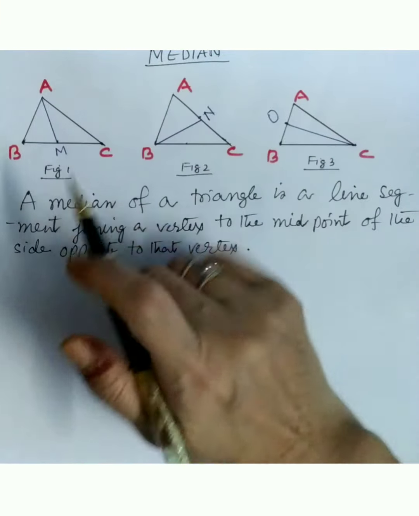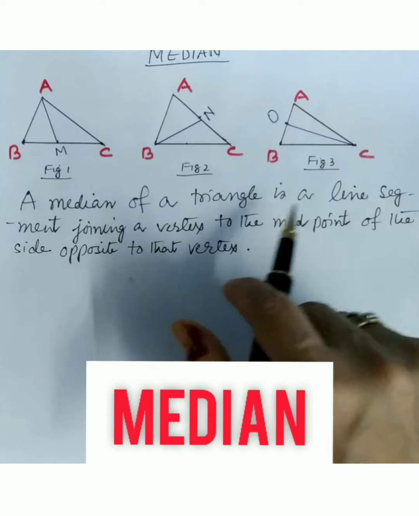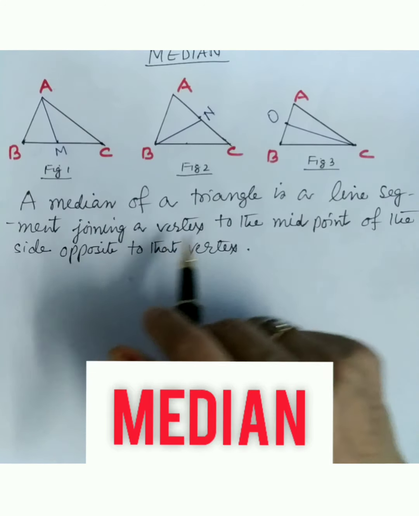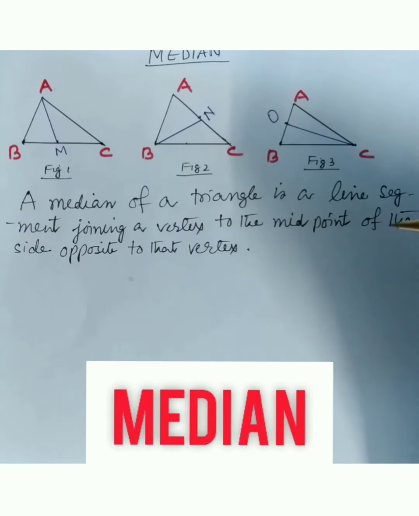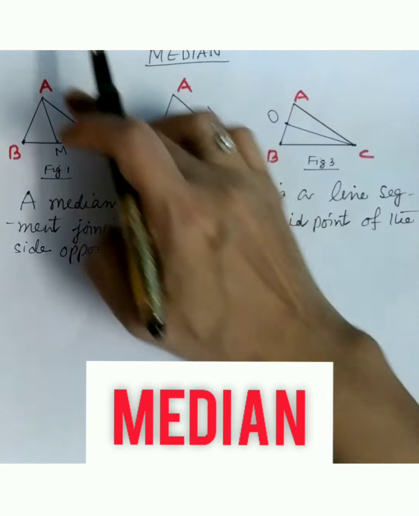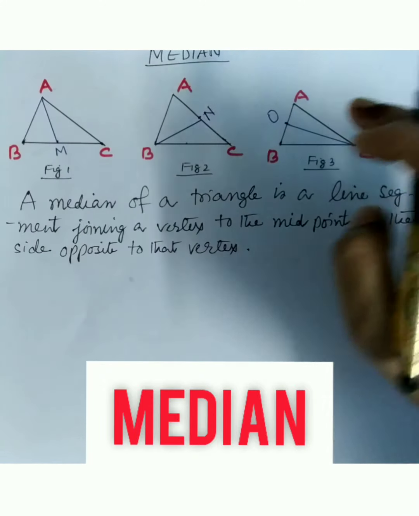Now what is a median? A median of a triangle is a line segment joining a vertex to the midpoint of the side opposite to that vertex. Okay.